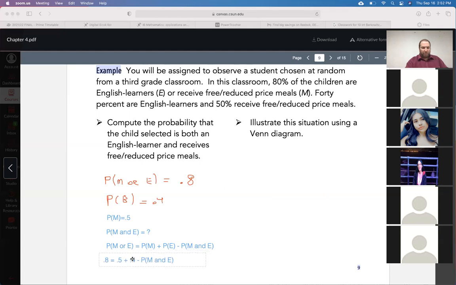Yes. And therefore, what is the probability of M and E? 10%. We agree? Yep. Therefore, probability of M and E equals 0.1.